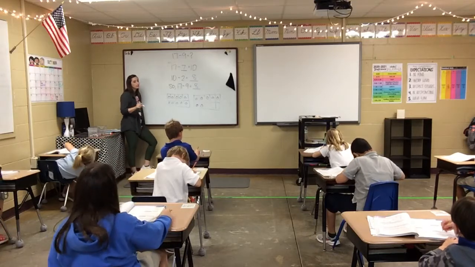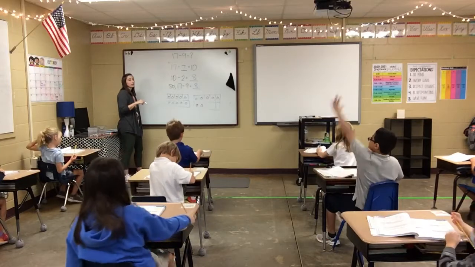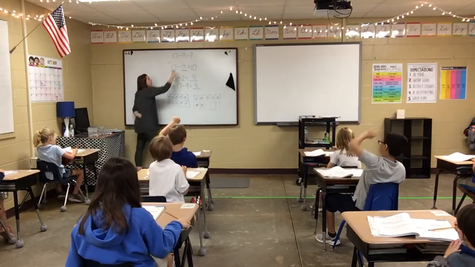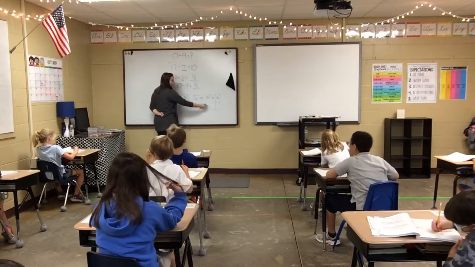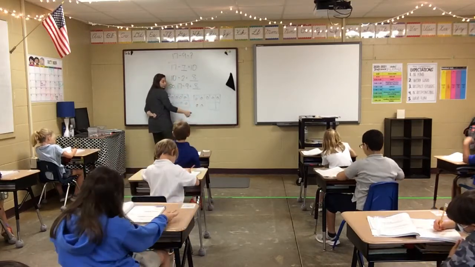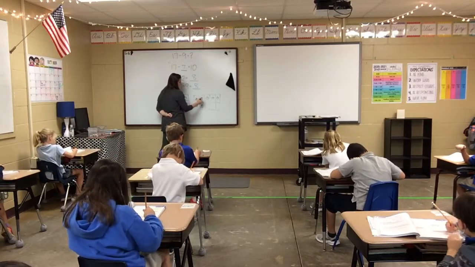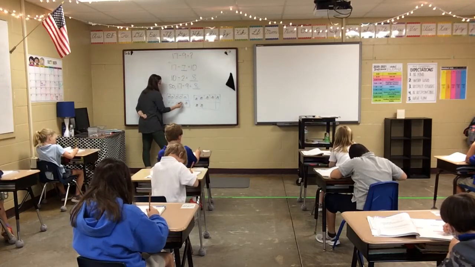Alright, so how many are we going to cross out? Braden? 7. No. 9. So let's start with the one that's not full. Okay, let's cross out 9. 1, 2, 3, 4, 5, 6, 7, 8, 9.